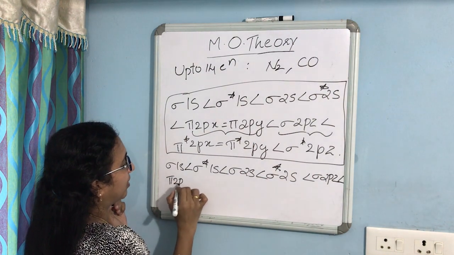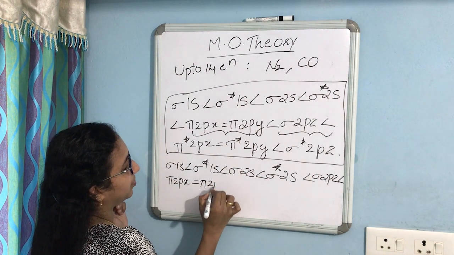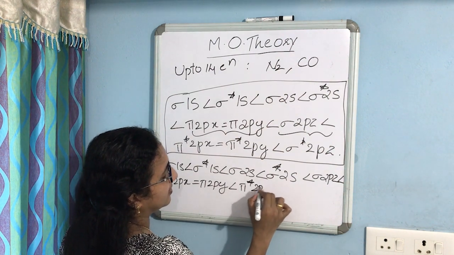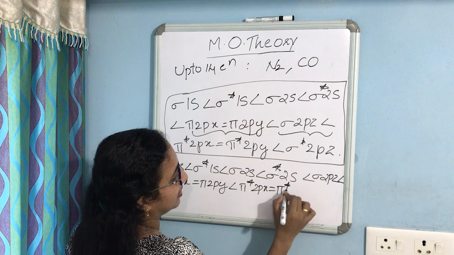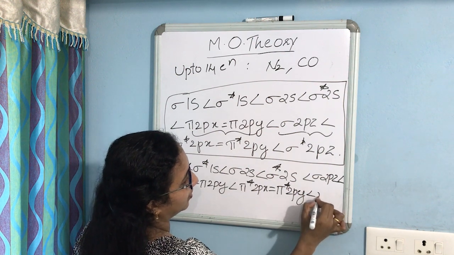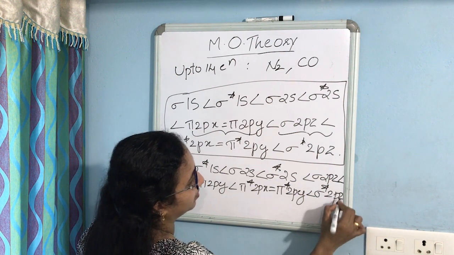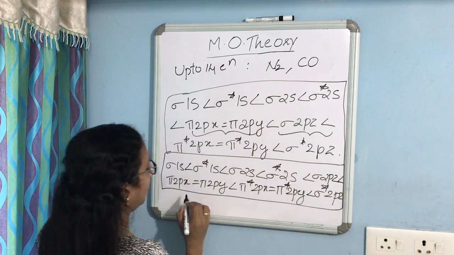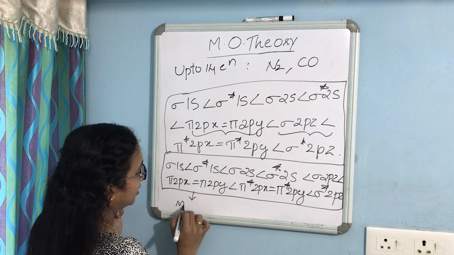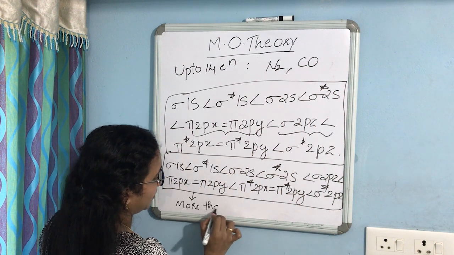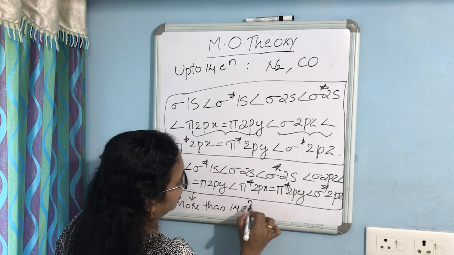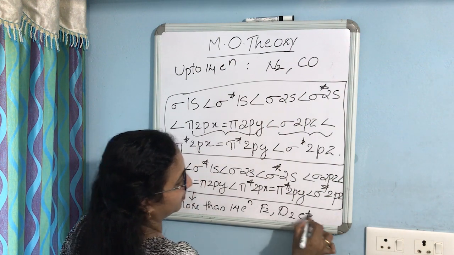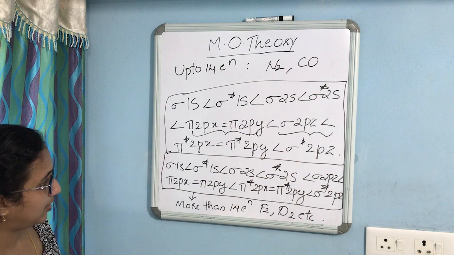Then only pi 2px = pi 2py, then pi star 2px = pi star 2py, and finally sigma star 2pz. So this is the order for more than 14 electron systems like F2, O2, etc.